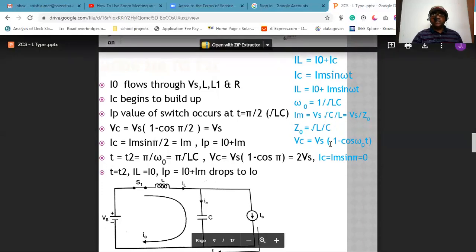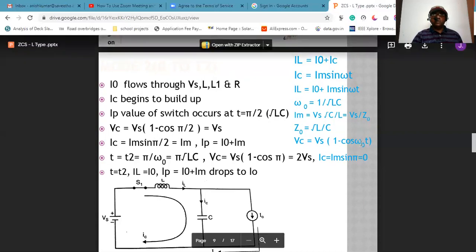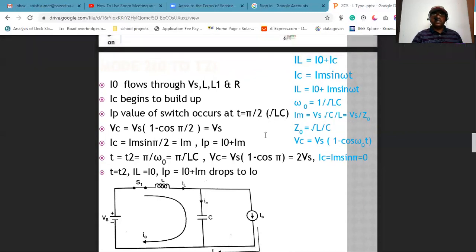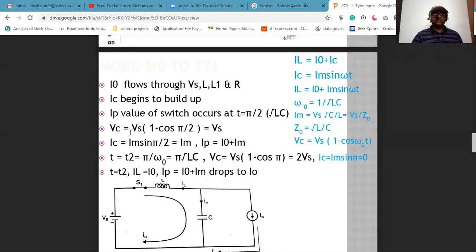Already your formula is in omega t. So the t value is this one. Omega value is 1 by root LC. This root LC and root LC will get cancelled. So we will get Vc is equal to Vs into 1 minus cos pi by 2. So cos 90 is equal to 0.